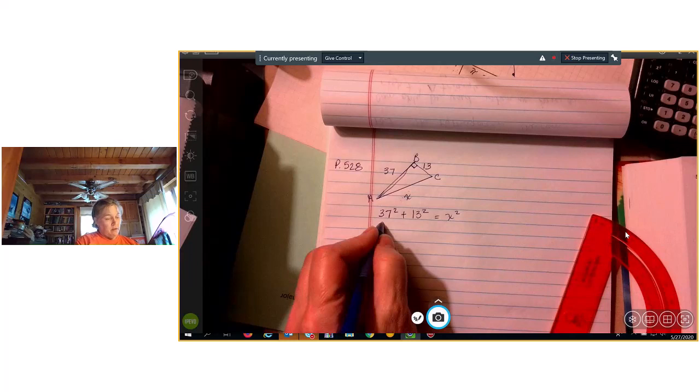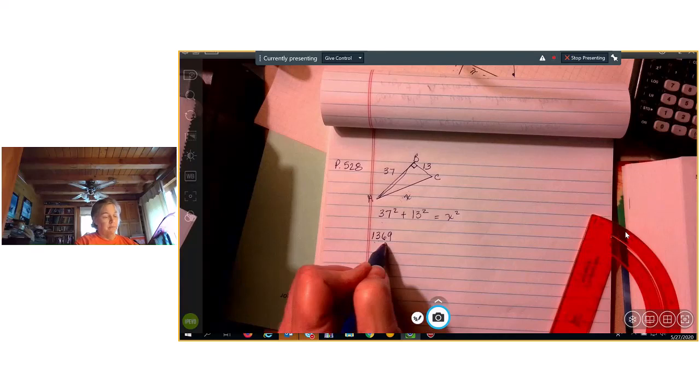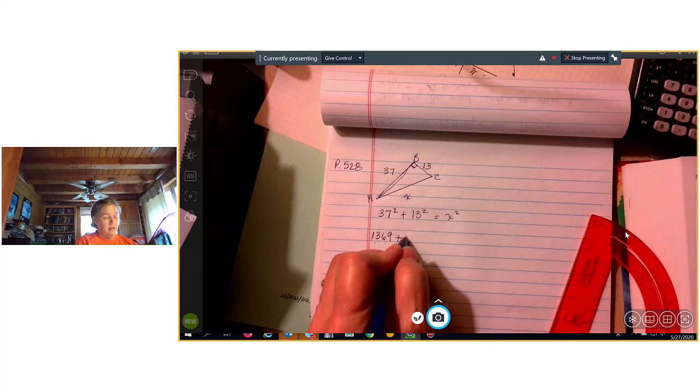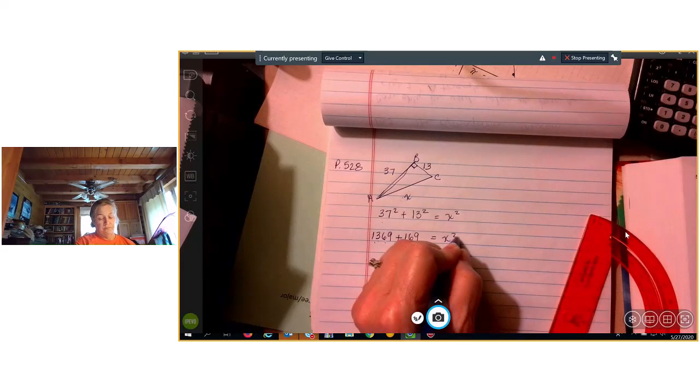So 37 squared on your calculator, you should find out that it's 1,369, plus 13 squared is 169, and that's equal to X squared.